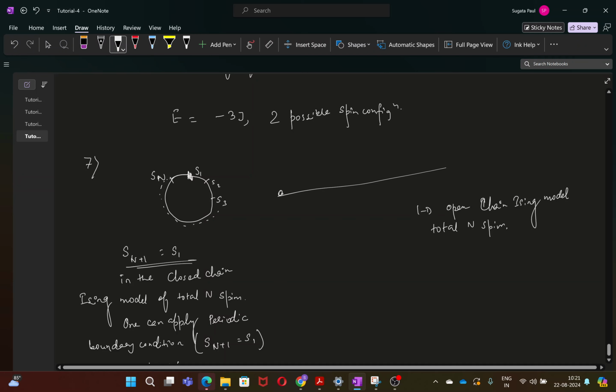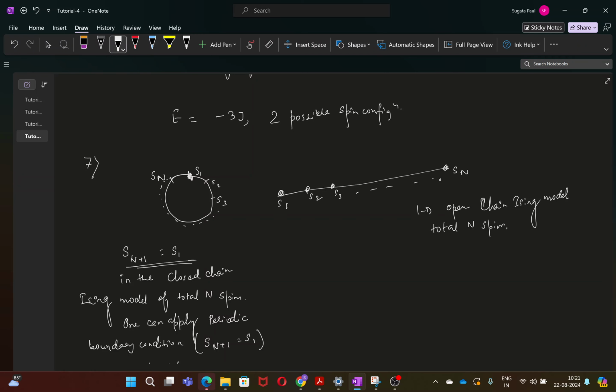If you start with S1, then S2, then S3, and go on, at a point you will end up with the last spin and no spin left anymore. So this is the nth spin Sn. Because of the open chain Ising model, S1 and Sn are at the two extreme ends of that chain.